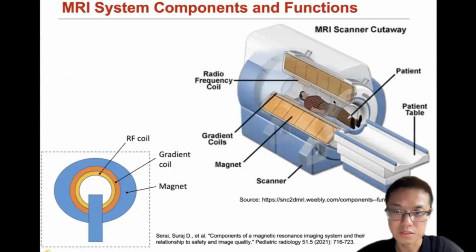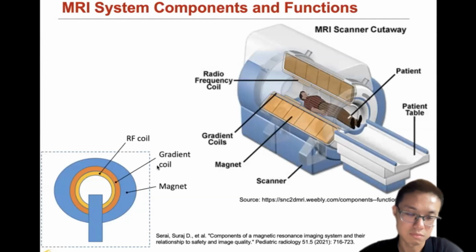So here is an image showing some of the main components of the MRI system. Basically you have the magnet, which creates a strong magnetic field on the outside. You also have the gradient coil, which is used for spatial encoding.